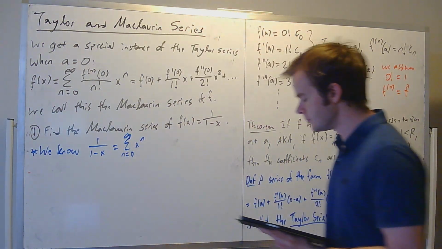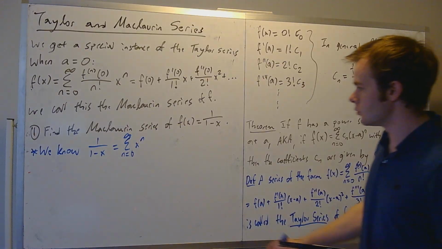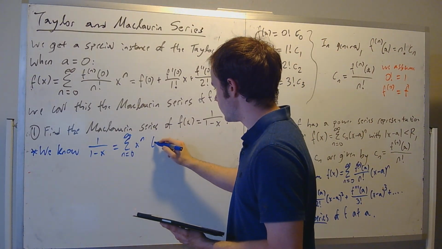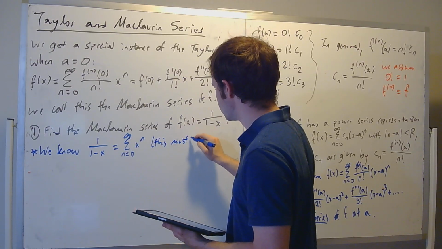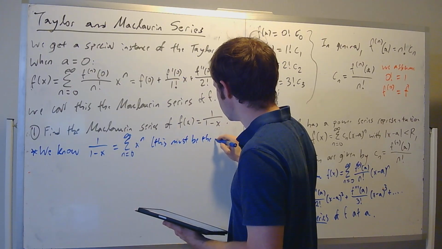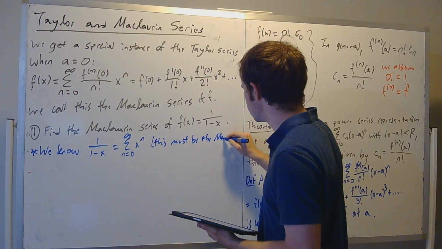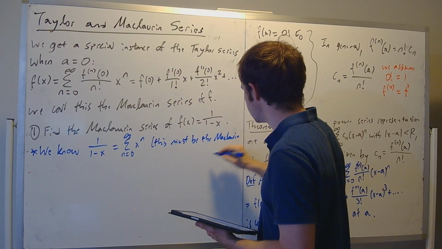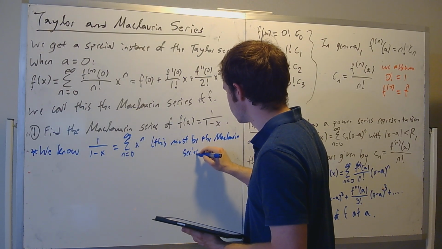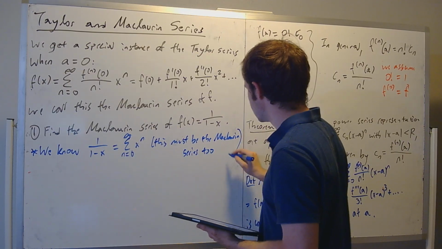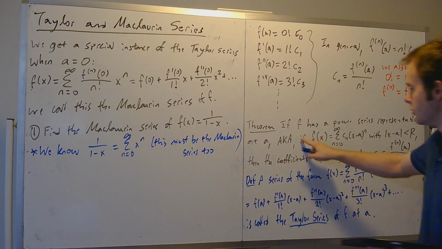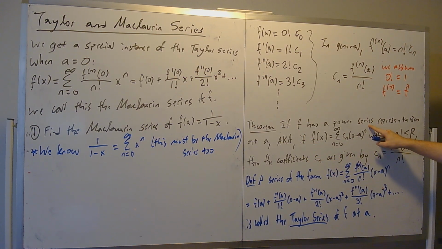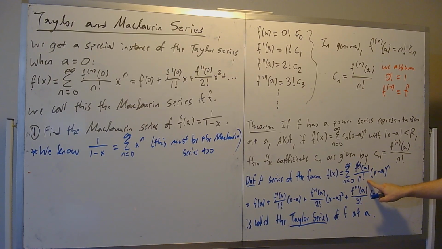So since we wrote this, we can say that this must be the Maclaurin series too, because if we have a power series representation, the theorem says we're able to rewrite it using the Taylor series.